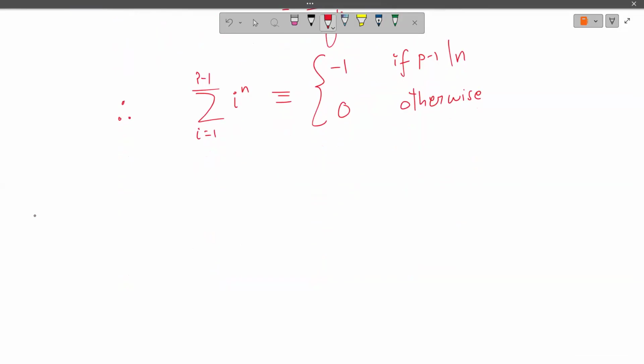Yes. A primitive root, I will give a more general definition.